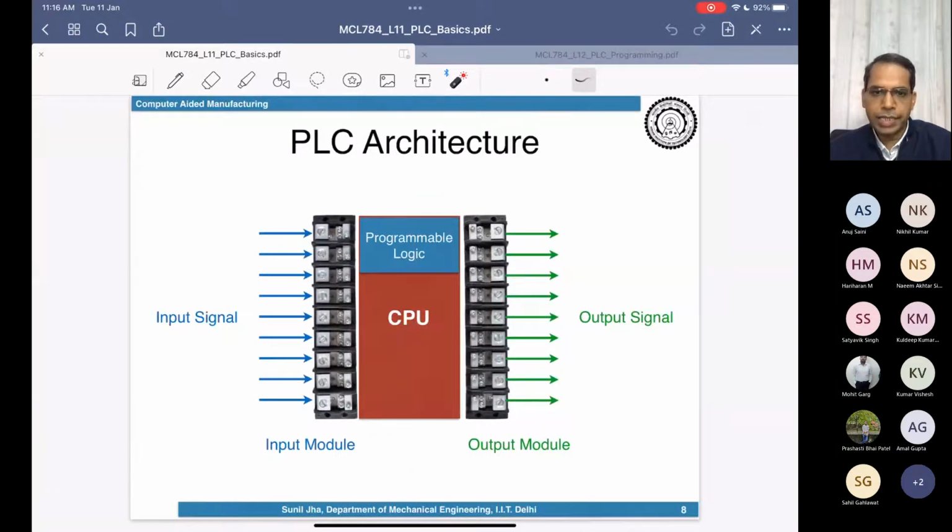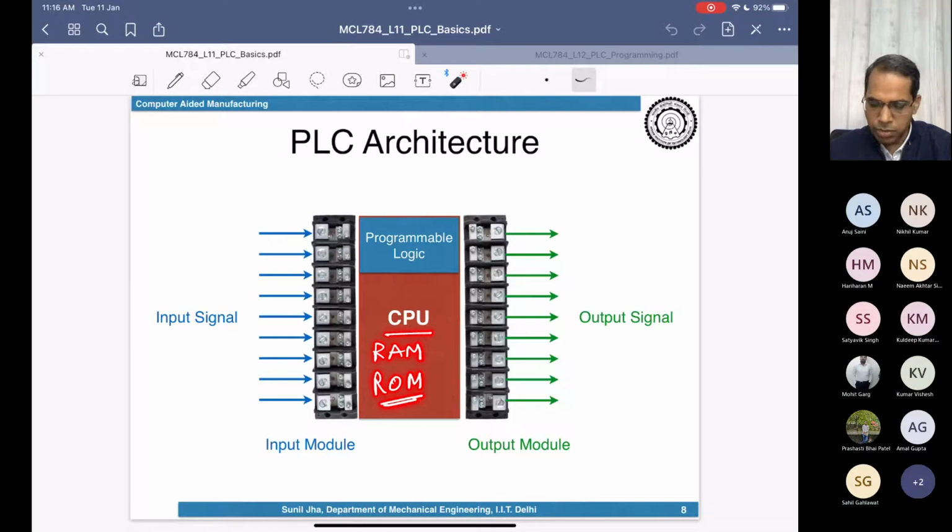Now, broadly, let me explain what exactly the PLC architecture is. As it is a digital controller, most digital controllers will have a CPU, the central processing unit, inside. Inside the core of the PLC, there will be a complete computing system, with a processor, random access memory, as well as the ROM.